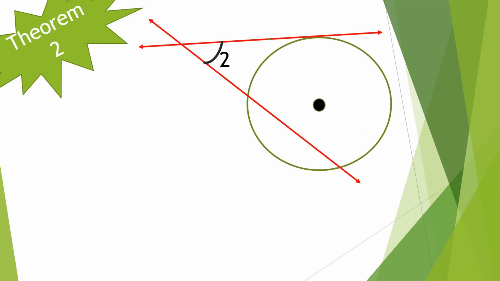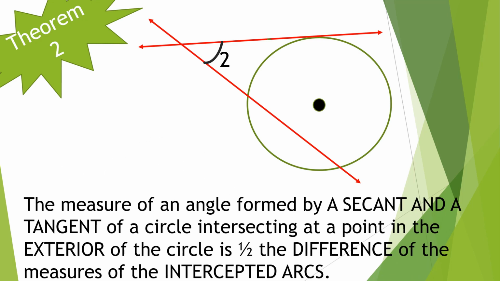Let's proceed to theorem number 2. We have here an illustration where a tangent line and a secant line intersect outside the circle, and it formed angle 2. In getting the measurement of angle 2, it is also 1/2 the difference of the measures of the intercepted arcs.